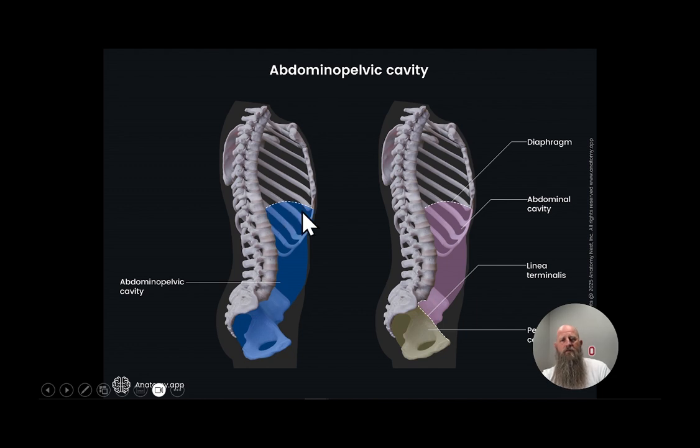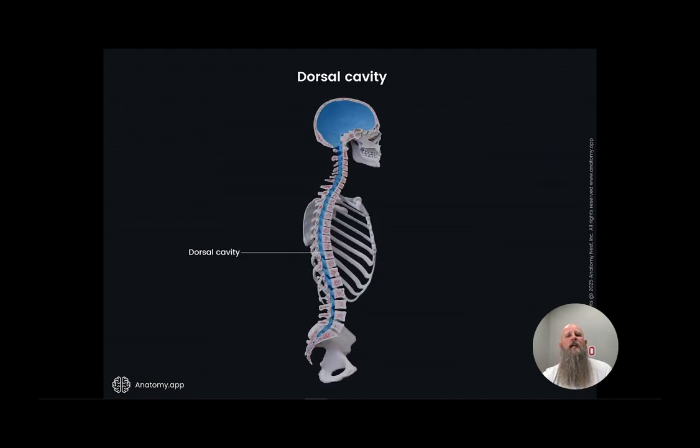Then below the diaphragm, or inferior to the diaphragm, remember to use your anatomical terms, is that abdominopelvic cavity. So here's our abdominopelvic cavity, and that's separated into the abdominal cavity and pelvic cavity by this arbitrary line, which we call the linea terminalis, right? But it's not a physical separation. Okay, and then we can see here's our dorsal cavity, which is comprised of the cranial cavity and the vertebral cavity.